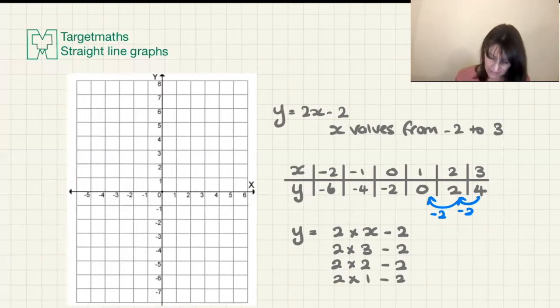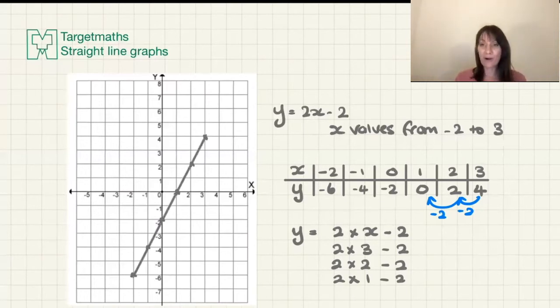Now, plotting them: 3, 4; 2, 2; 1, 0; 0, -2; -1, -4; and -2, -6. Drawing the line gets me the other 2 points.